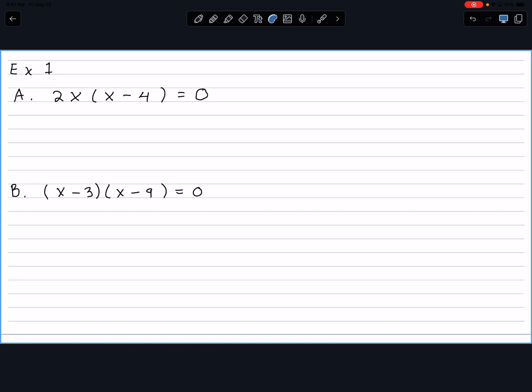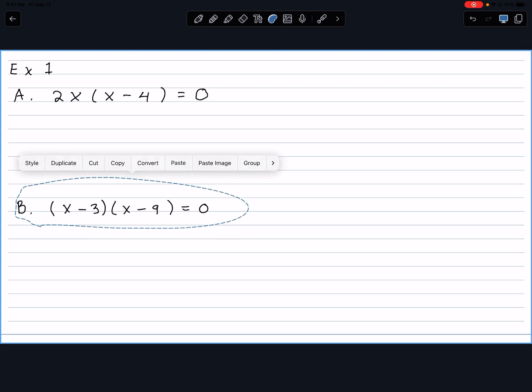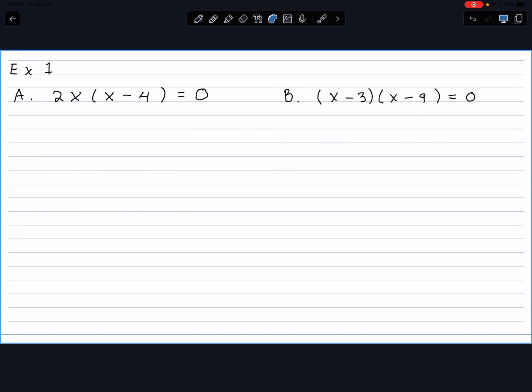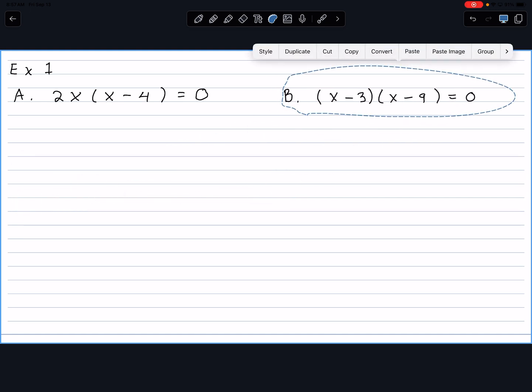Let's get down example 1A. Okay, so we have two things being multiplied and they equal 0. That's important. Their product equals 0. If they equal 4, then we can't use this property because it's specifically 0 that is called out.